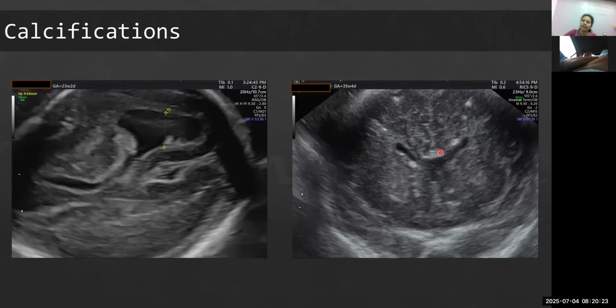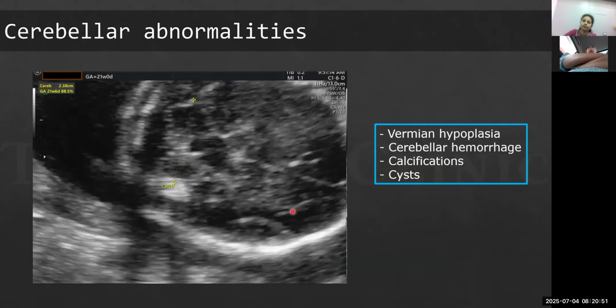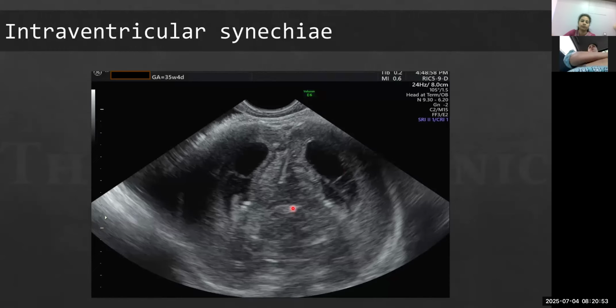And here we can see multiple parenchymal calcifications, calcification in the caudothalamic groove, and periventricular calcifications. All these can be indicative of a fetal CNS infection. This coronal view shows dilatation of the ventricle with intraventricular synechiae formation, representing an inflammatory process going on.